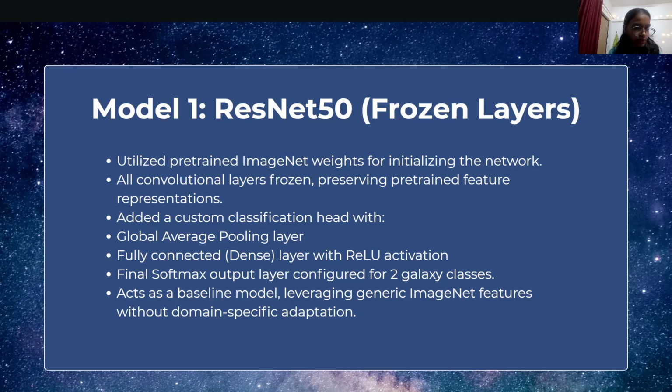On top of this frozen base, we added a custom classification head designed specifically for our two galaxy classes, elliptical and spiral. The head consists of a global average pooling layer which reduces spatial dimensions and summarizes each feature pattern, and finally a softmax output layer which produces probability for two output classes.